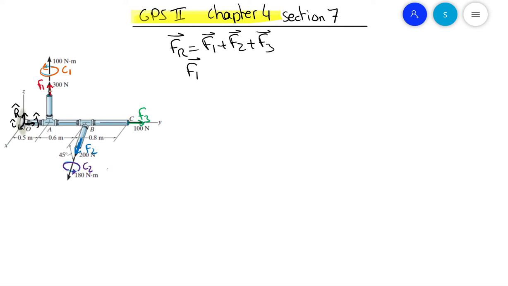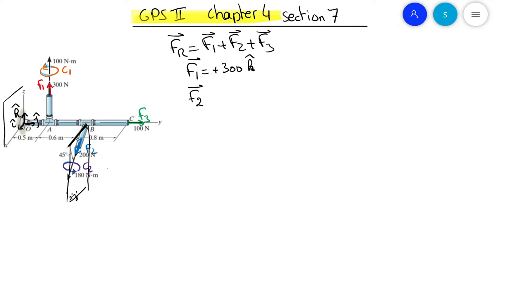F1 is parallel to K, and it's going up, so same direction, so plus 300 K hat. F2 is in a plane parallel to x and z, let's call that x prime, z prime.